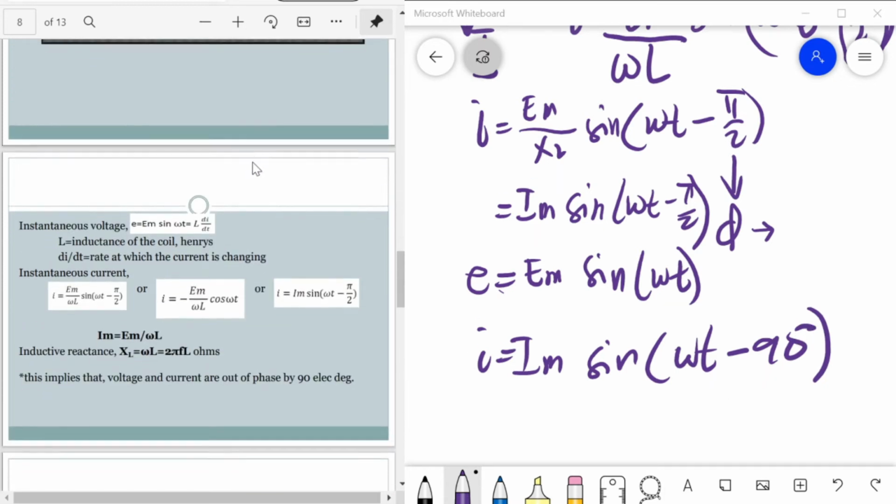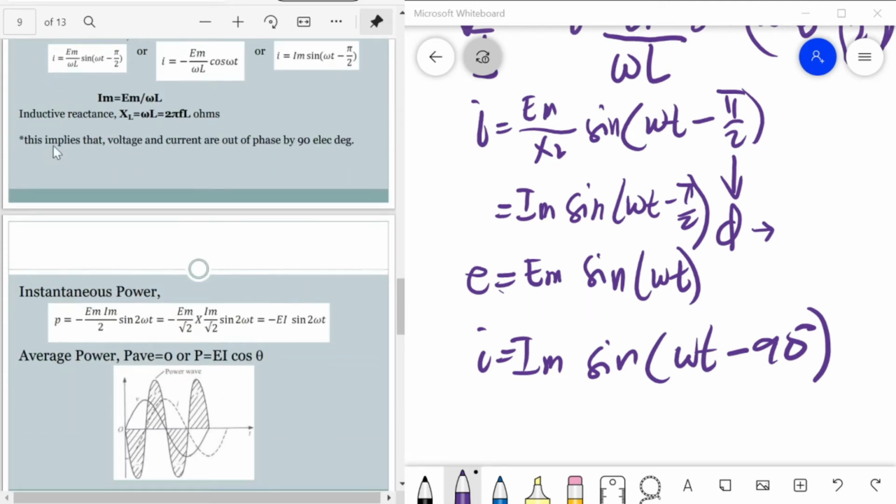Next, Im is equal to Em over omega L. Inductive reactance XL is equal to omega L, equal to 2 pi FL, in ohms. So, the unit for XL is ohms.